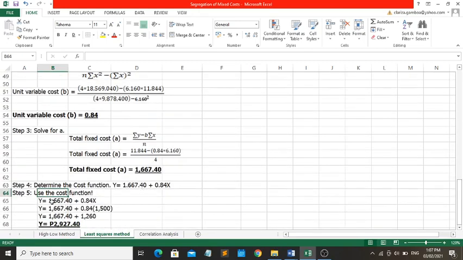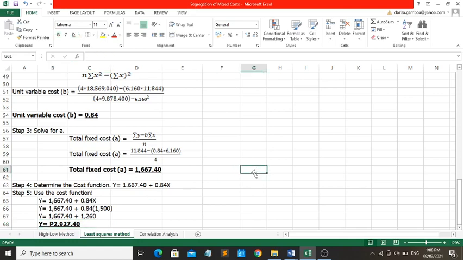So, ang gagawin lang natin is to substitute 1,500 doon sa X. So, Y equals 1,667 pesos and 40 centavos plus 84 centavos times 1,500 na machine hours. So, meron na tayong na-compute ngayon na total overhead cost for 1,500 na machine hours. Yun ay 2,927 pesos and 40 centavos.